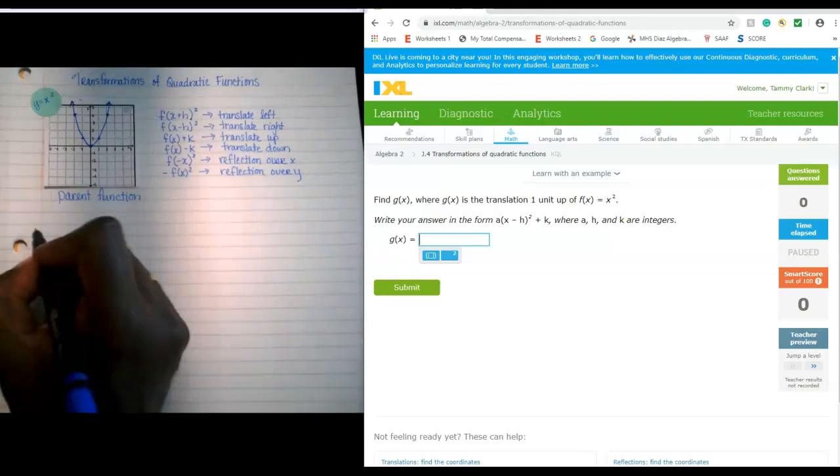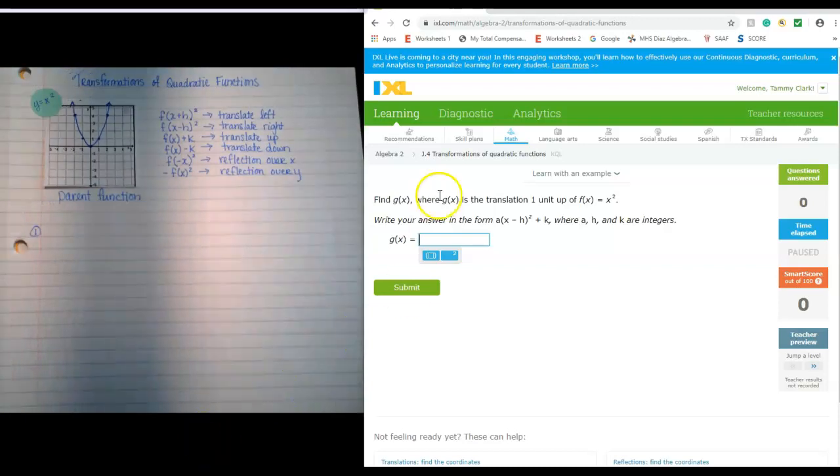Our number one says, find g of x, where g of x is a translation 1 unit up of f of x, which equals x squared. So they're telling us again the parent function is f of x, or y as I have it here, equal to x squared.